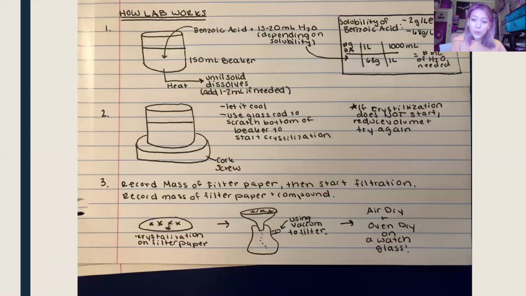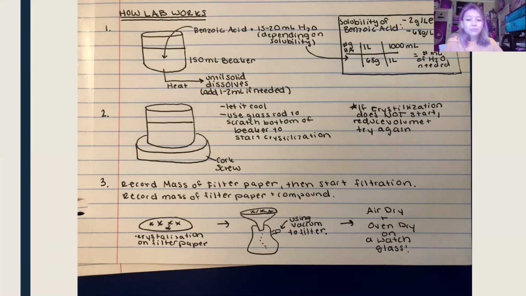All right, so this is just how the lab works. This is not the specific steps or anything like that. I didn't even include finding the melting point because it's not something that we're doing in person. Basically, this is just a sum up, to help you visualize what the lab looks like.